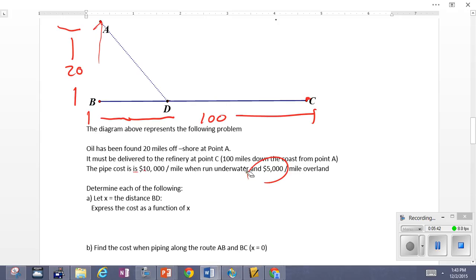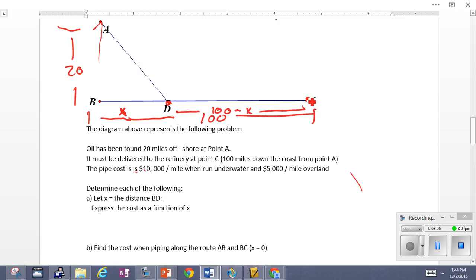Those are my constraints. I'm going to presume that there's some optimal location here at D, implying that the length BD is x. Then the length DC would be 100 minus x.